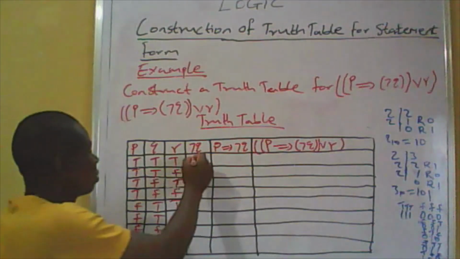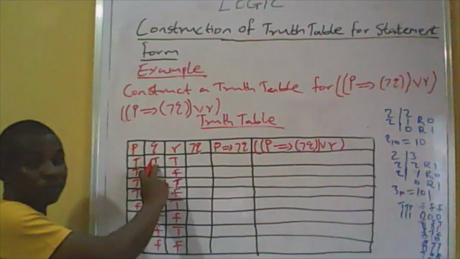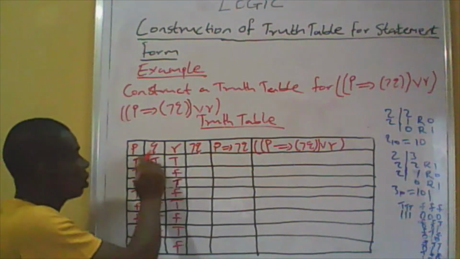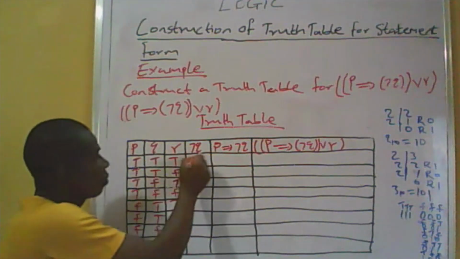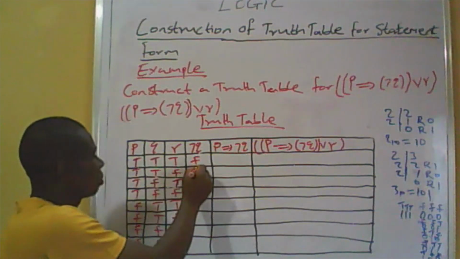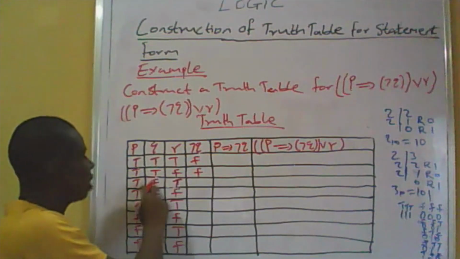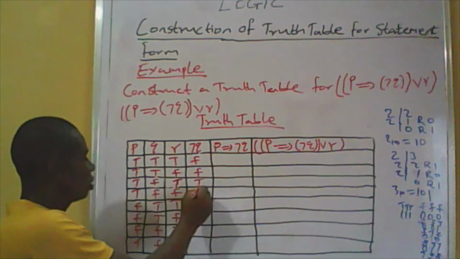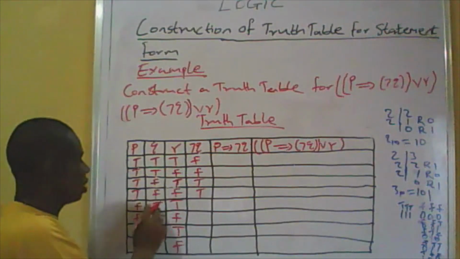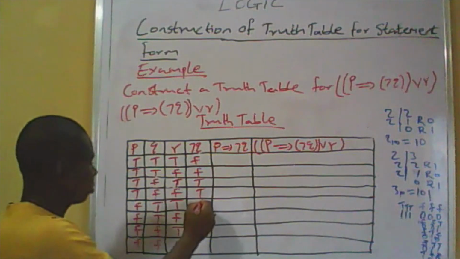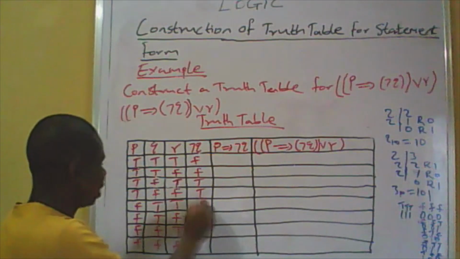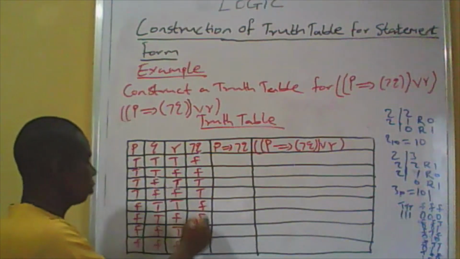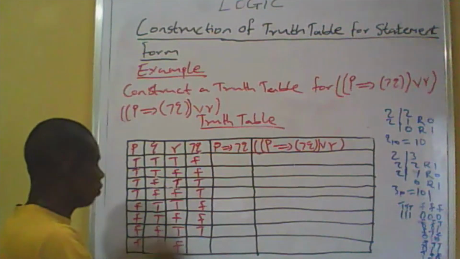That means here is T, here will be F, because it is not Q. Q here is T, so not Q will be F. Here is T, it will be F. Here is F, it will be T. Here is T, it will be F. Here is T, it will be F. Here is F, it will be T. Here is F, it will be T.